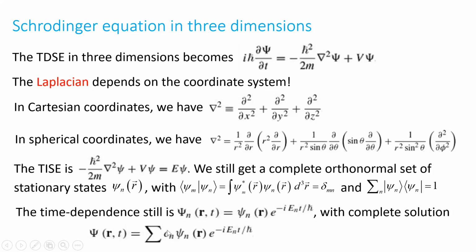We can find the weights from the initial wave function at time zero, and then this gives the time dependence for all time. Okay, so that's how the Schrodinger equation generalizes from 1 to 3 dimensions. A lot of similarities, with the Laplacian coming in as the main difference.